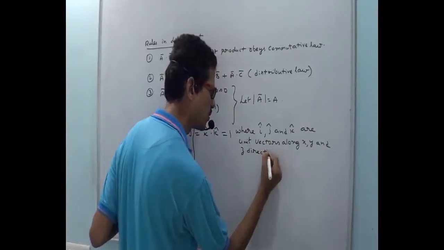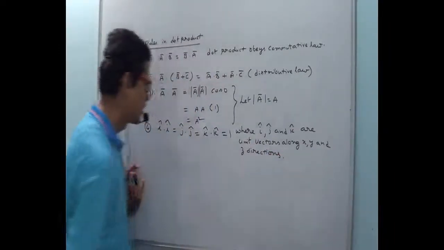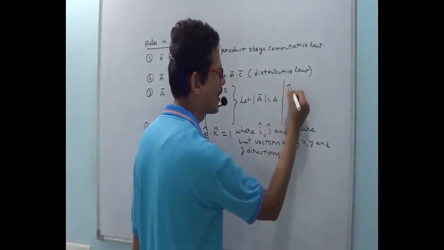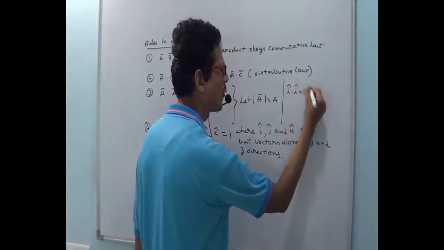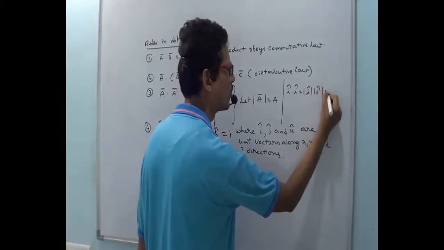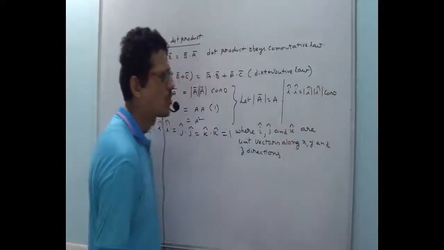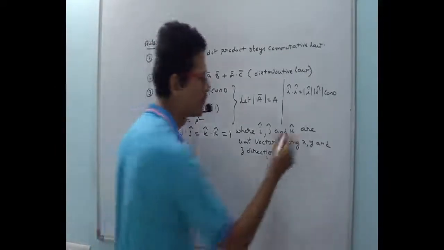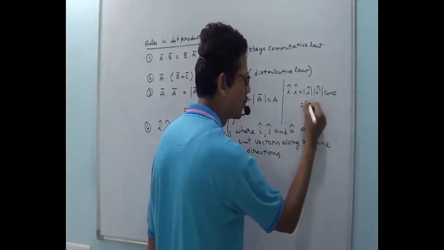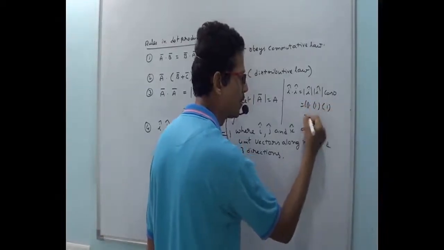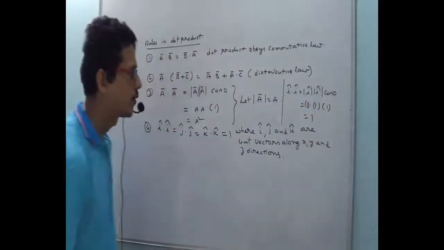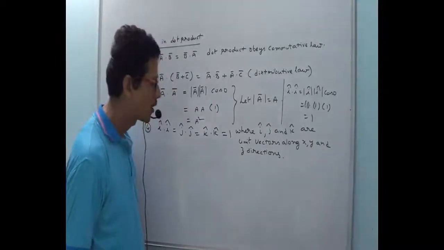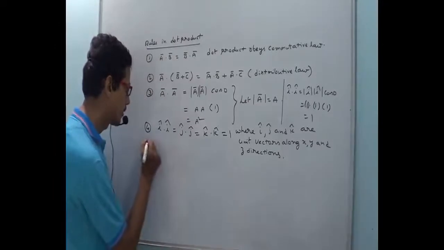I dot I is nothing but modulus of I into modulus of I into cos 0. Unit vector means magnitude is 1, and 1 into cos 0 is also 1. So I dot I is 1. Similarly, J dot J is 1, and K dot K is also 1.